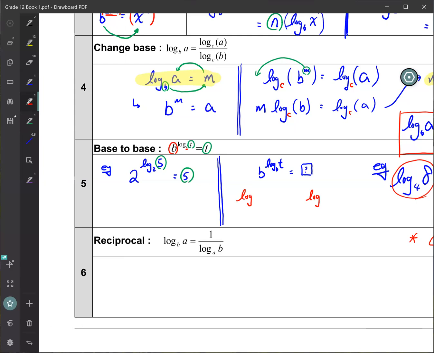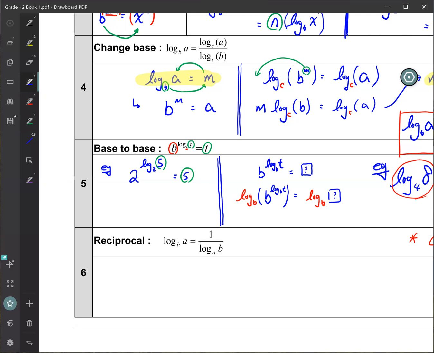I'm going to choose the base b. So the left side, we would have b to the exponent of log base b of t. Looks a little bit complicated now. And then right side will be the empty box.